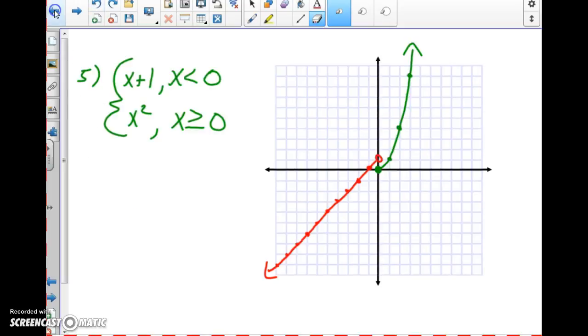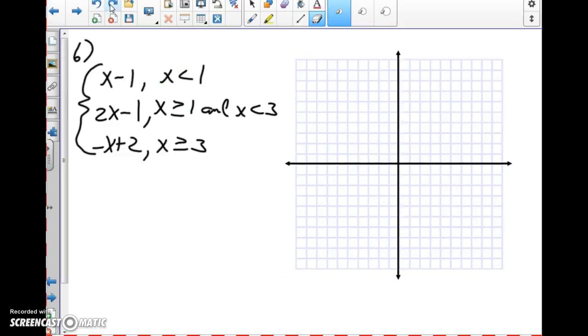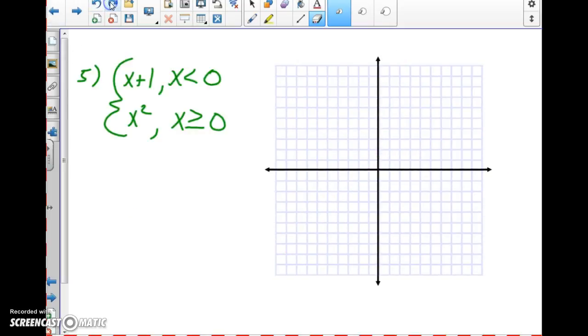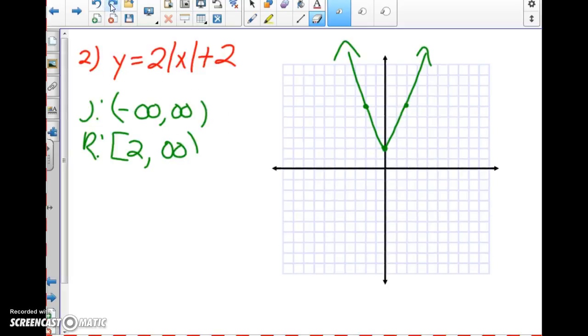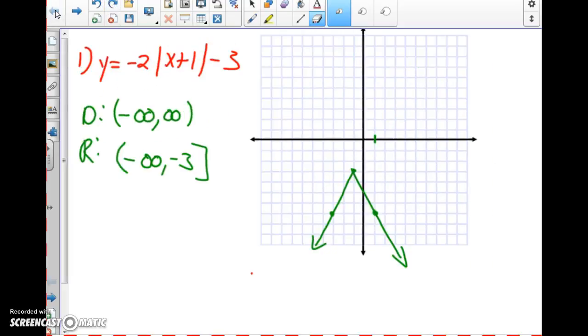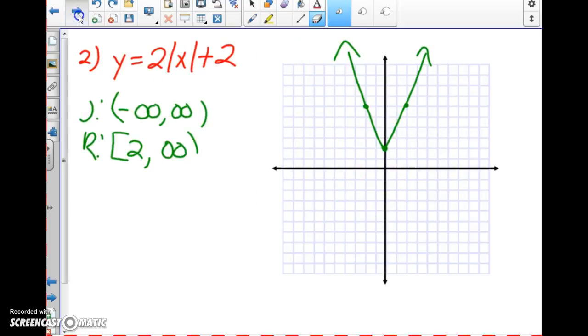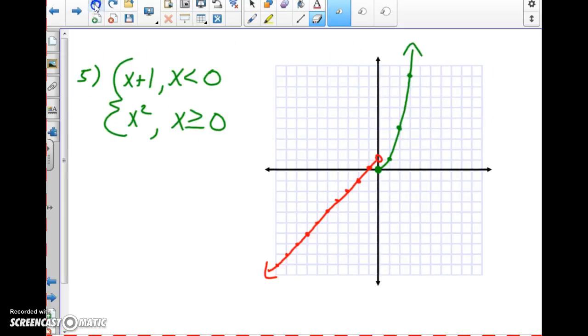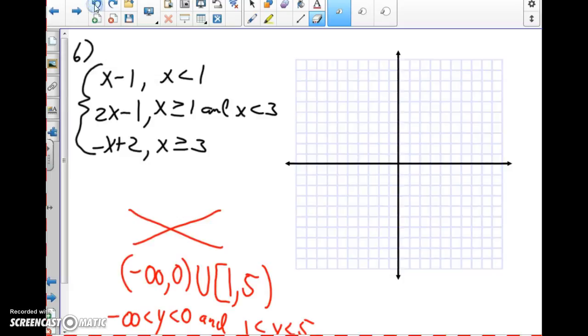Oopsie, sorry, let's go back again. I went the wrong direction, didn't I? There it goes, yeah. Nope, go back again. Where'd you go? Here. No, there's another one.